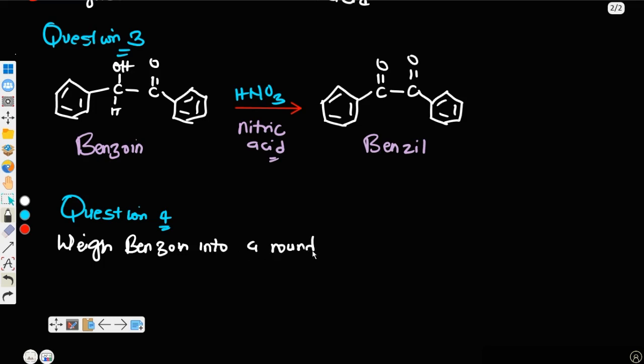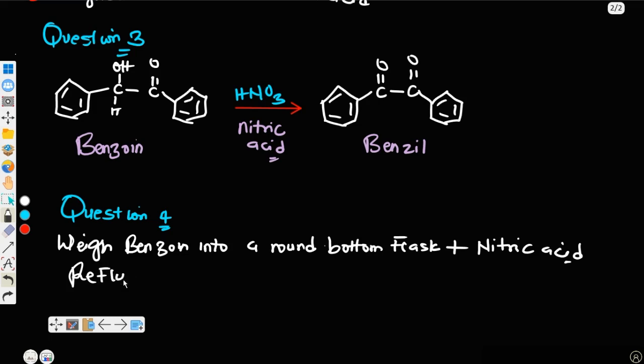Most of these experiments use a round bottom flask. Then you add nitric acid. You may not even give the exact amount. And reflux the mixture in a boiling water bath. Reflux in boiling water. It's the same process for all of them.